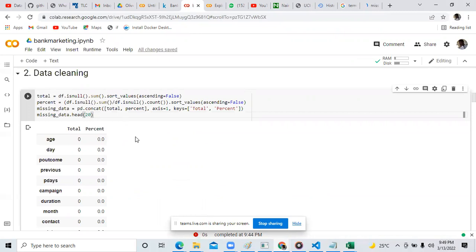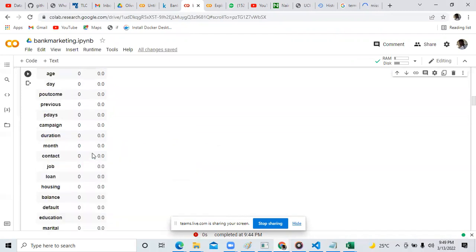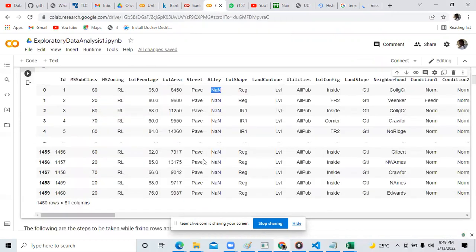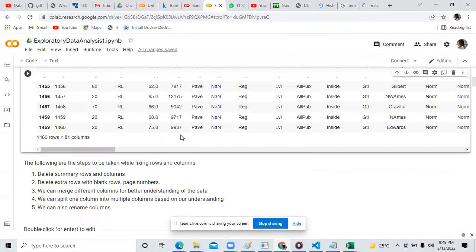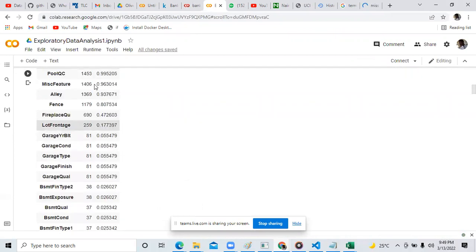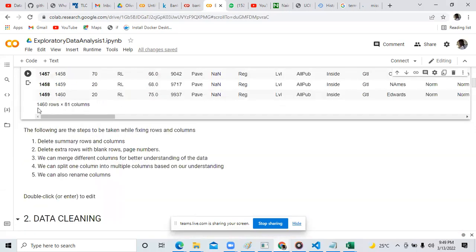So this code has told me that for this data set, we don't have any null value. Unlike this one, see this data set, after doing data cleaning, look at this guy had 1,453 null values. We had 1,460 rows, right?